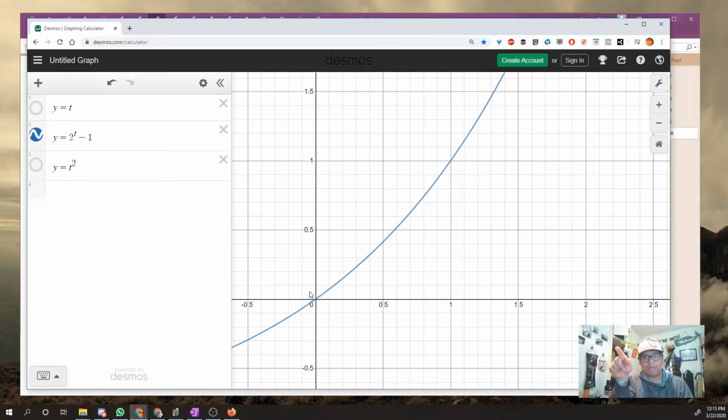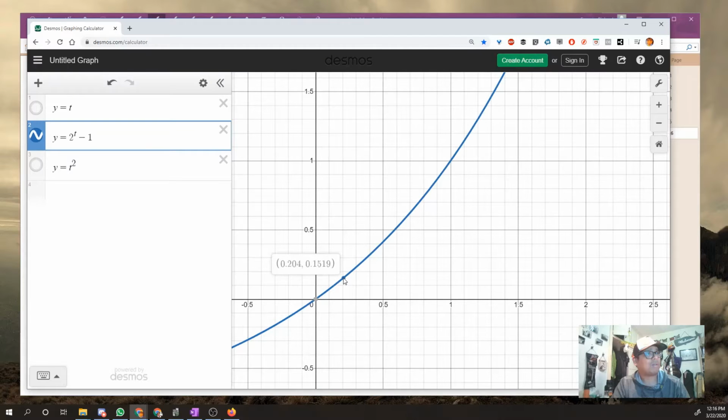I think we're at intervals of 0.2. At 0.2, we get 0.15. Over here we get 0.31. Then at 0.6 we get 0.51. And at 0.8 we get 0.74. And at 1 we get 1.